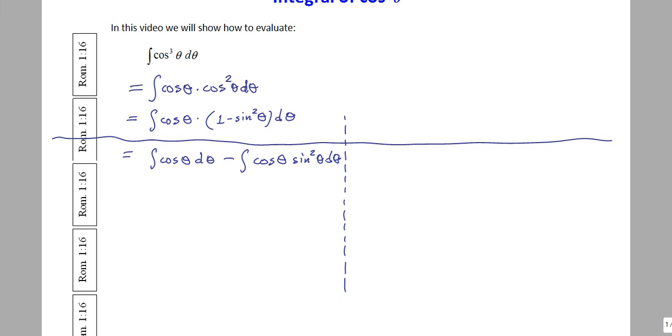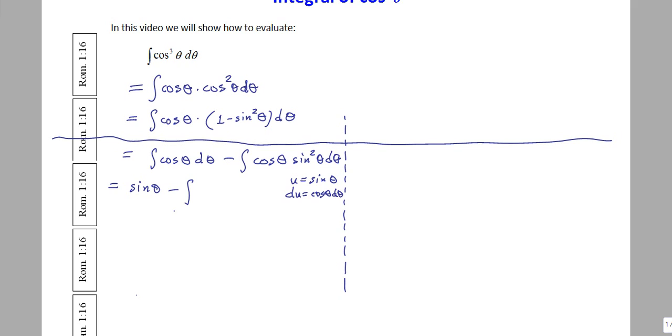The integral on the left is just going to be equal to sine theta. That's real simple. And then let's do a u substitution. I'm going to let u be sine theta, so du is cos theta d theta. The integral on the right is going to be minus the integral.